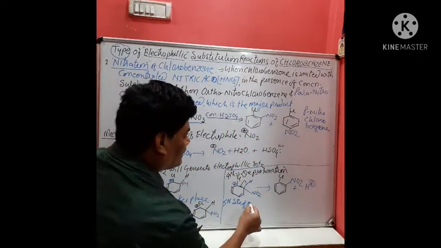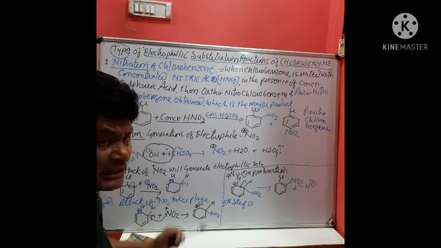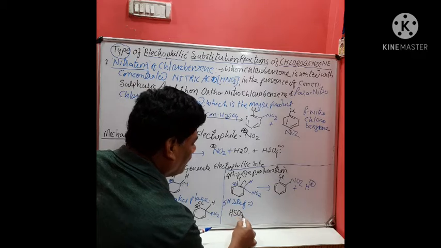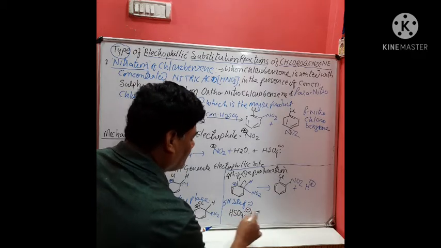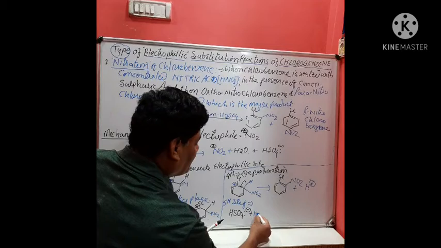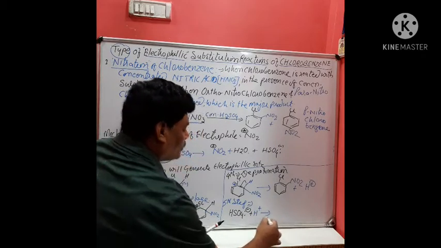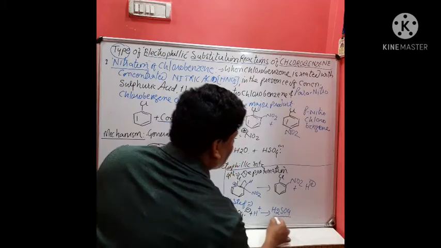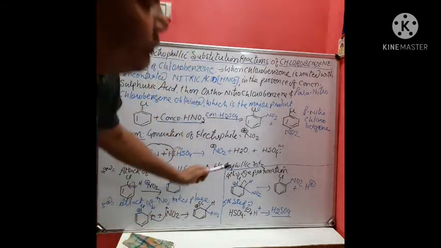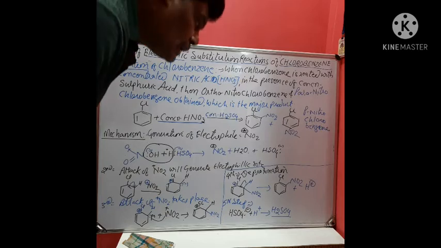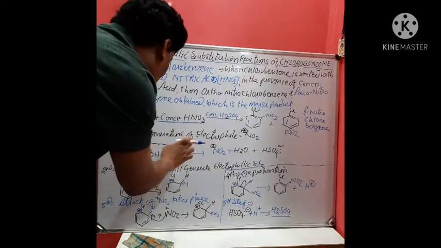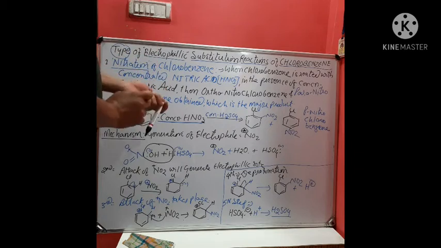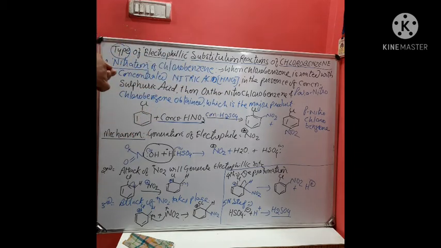So in the fifth step, these two unstable species will combine together: HSO4 anion plus the proton released in the fourth step will combine to form H2SO4, that is, the catalyst will regenerate. The catalyst is regenerated in the fifth step, which will again enter the first step. So in this way, the reaction and mechanism of nitration is completed.